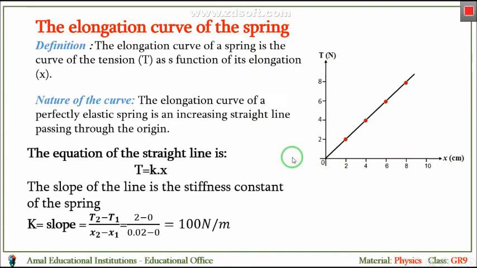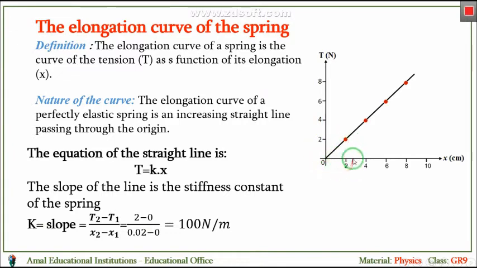The equation of the straight line is in the form of T equals k times x, which is similar to the equation of a linear straight line y equals ax. The slope of the line is the stiffness constant of the spring, where k, the stiffness constant, is equal to the slope, which is equal to (T2 minus T1) divided by (x2 minus x1). We took two values from the curve, (2, 2) and (0, 0).